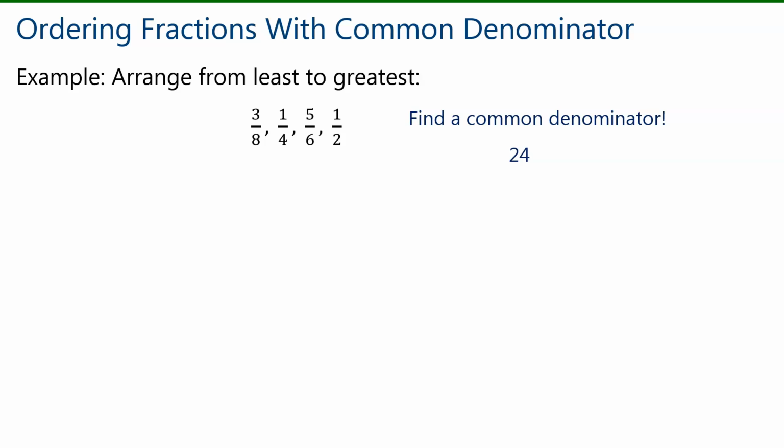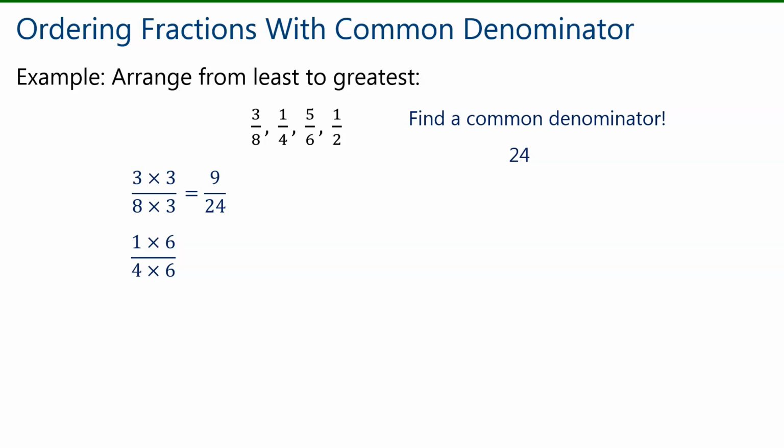So now we're going to create equivalent fractions by writing each fraction over 24. So what do I need to multiply 8 by to get 24? That would be 3. So multiplying 3 and 8 by 3 gives me 9 over 24. Now for the second fraction, 1/4, I'm going to multiply that by 6.